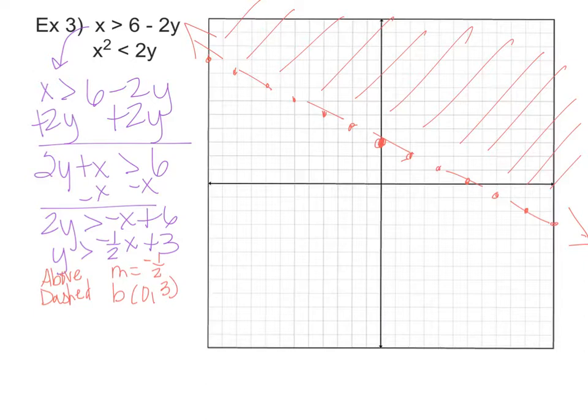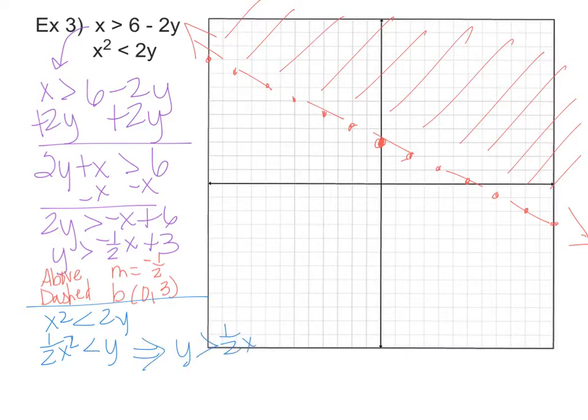So now I'm going to take a look at my other value here where I have x squared is less than 2y. If I divide everything by 2, I have 1/2 x squared is now less than y. Because I like to have that on the left side, I'm going to actually write this as y is greater than 1/2 x squared.